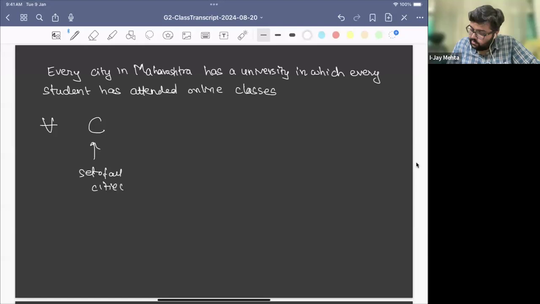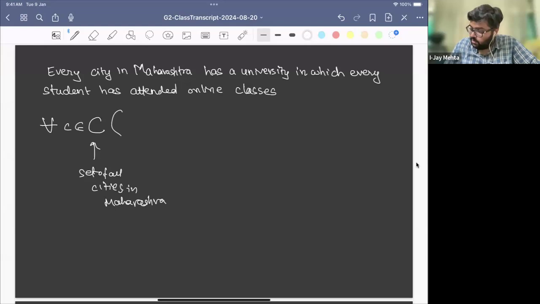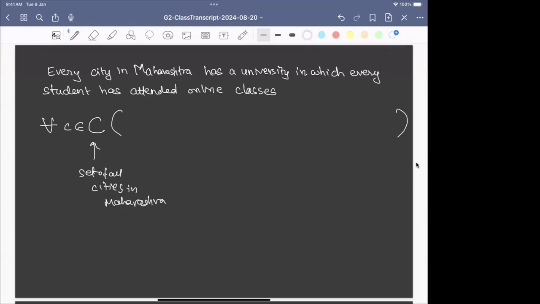Okay, so now given any. How do I write in terms of quantifier? For all, small c belongs to capital C. Yes. What is the property? Has a university in which every student has attended online classes.